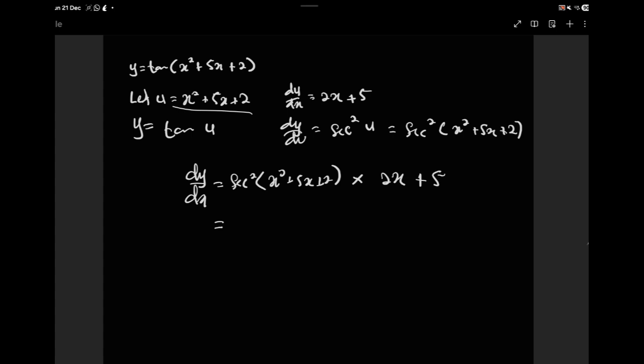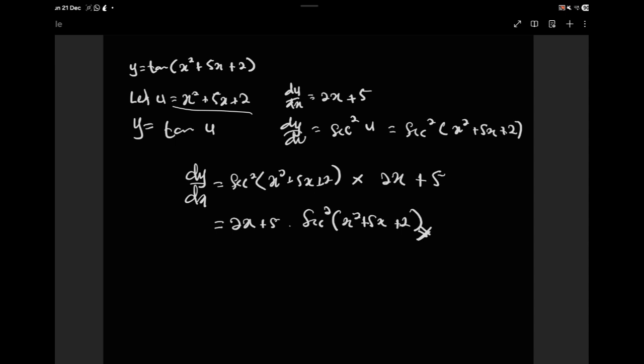So the final answer for its derivative is simply 2x plus 5 times secant squared of x squared plus 5x plus 2. Alright.